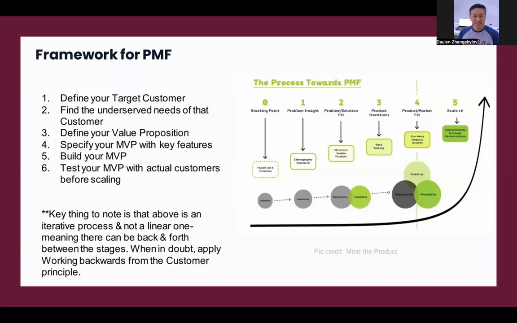Eventually, you build. After you build your MVP, which is a very minimalistic version of your product, you test your product with actual customers before scaling. As a rule of thumb, you should test it with 10% of your target audience. So if we go back to Uber, let's say you set up Uber in Houston. Houston is maybe 10 million people. I don't know how many drivers.